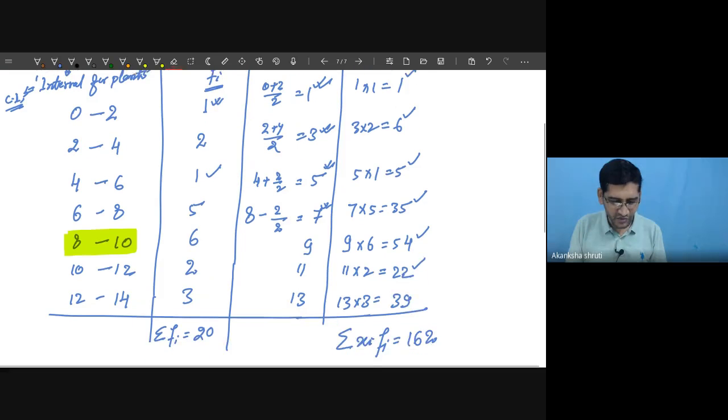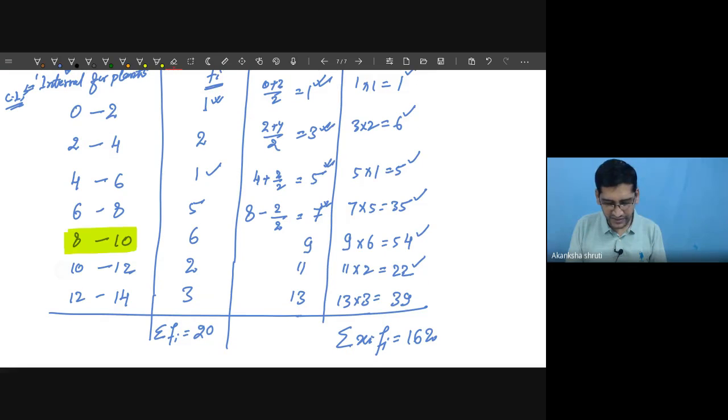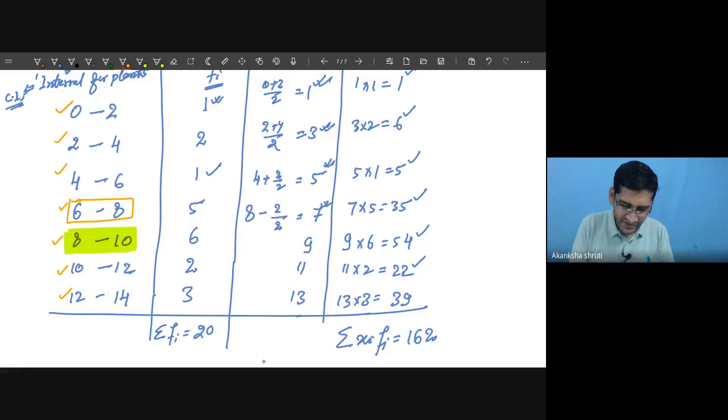If we count 1, 2, 3, 4, 5, 6, 7, the first interval, second, third, fourth, fifth, sixth, and seventh, the middle one is this one, but we are getting it in this one.